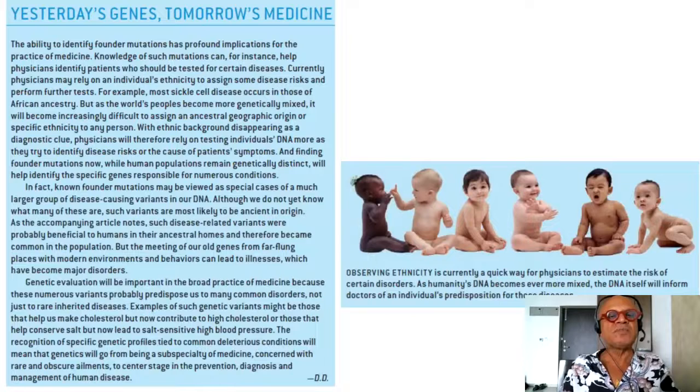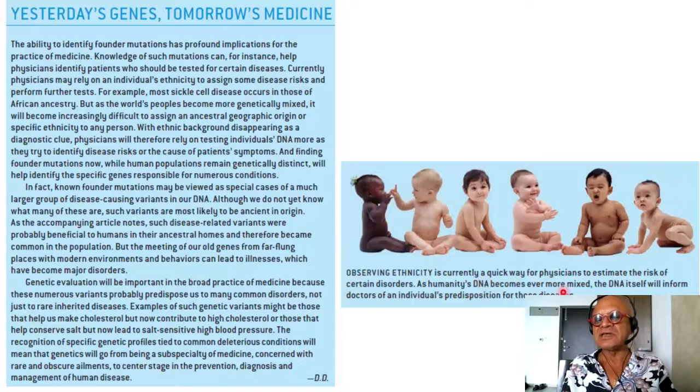Yesterday's genes become tomorrow's medicine. So in general, when there is ethnicity and there are known founder mutations carried, like the sickle cell mutation, then usually that can be used to make a precautionary assessment of the potential for a disease, for example. Observing ethnicity is currently a quick way for physicians to estimate the risk of certain disorders.